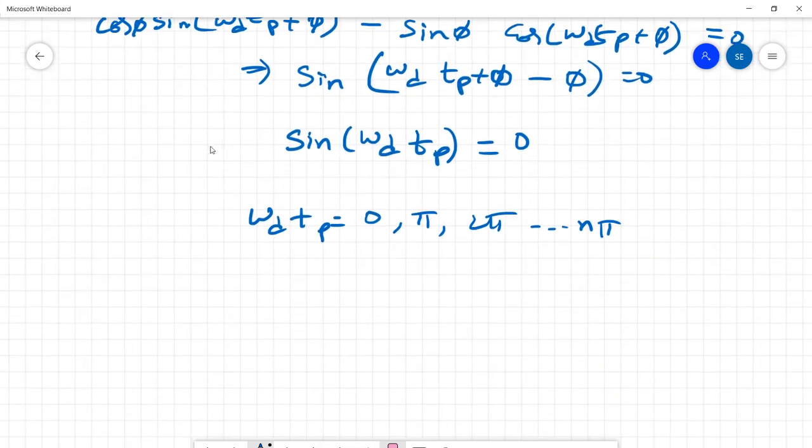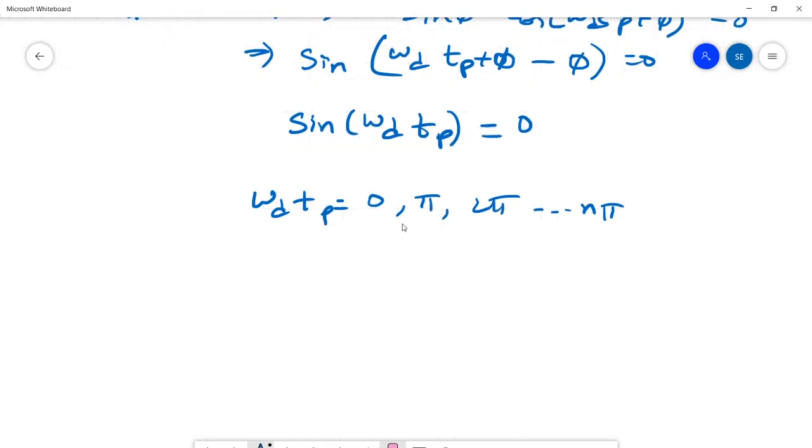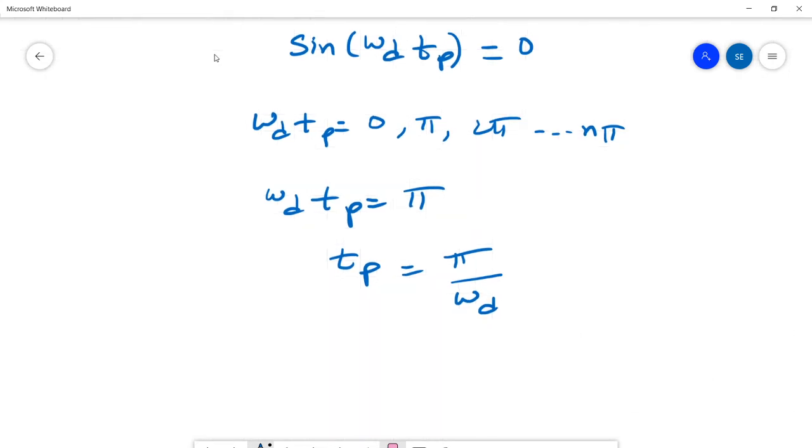For n equal to 1, omega d tp is equal to pi. What we need is tp, that is equal to pi by omega d. So omega d is omega n root of 1 minus zeta square, so tp is equal to pi by omega n root of 1 minus zeta square.